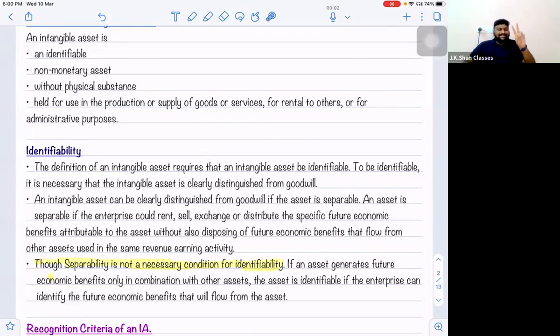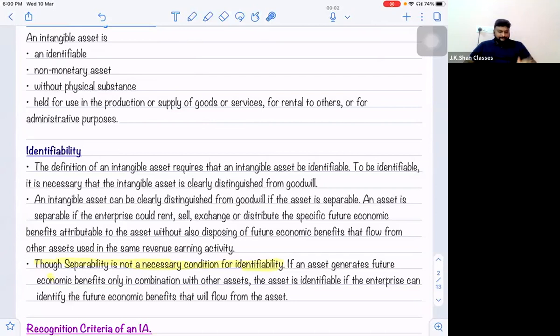But only two intangible assets, self-generated goodwill and self-generated brand values, are not fulfilling the identifiable clause. But still, they are intangible assets because they are earning future economic benefit for your enterprise.